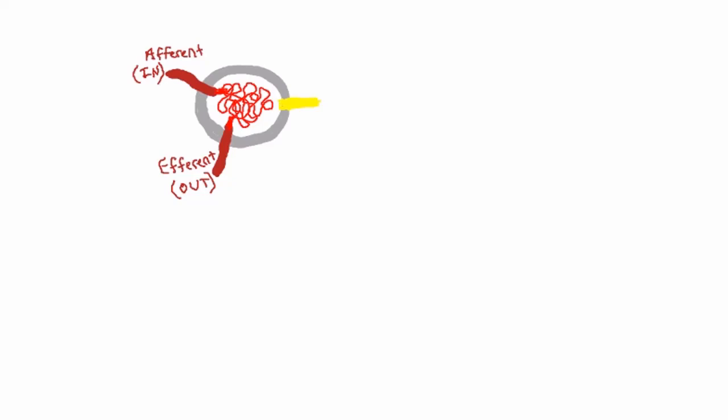Obviously, it's not going to come out in the bloodstream, out the efferent arteriole. Instead, it's going to come out this little tube, and then it's going to do this convoluted thing where it curves up and down, folds up and down, twists around like this. And convoluted just means twisting and turning.